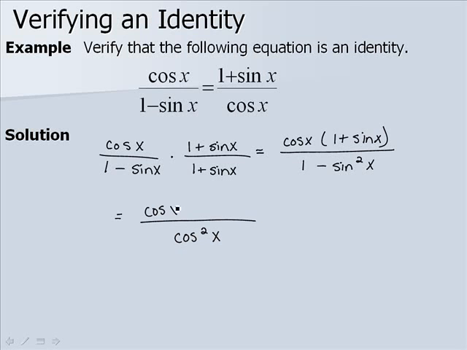And our numerator is still cosine of x times 1 plus sine of x. Now we can cancel cosine with one of our cosines in the bottom. So we have 1 plus sine of x over cosine of x. And so we've shown that the left side equals the right side and verified our identity.